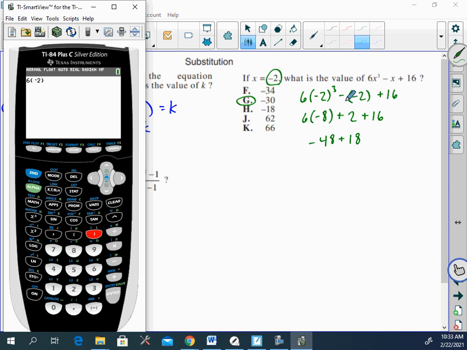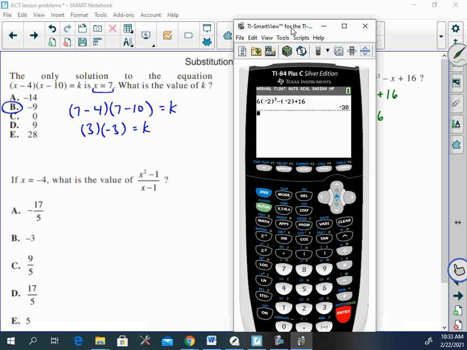And then it's cubed, so you can raise it up to the 3rd power. And it will end up doing all of this for you then. Then we're subtracting a parenthesis negative 2. And then don't forget to add that 16 on the back. It would be easy to forget. And we should get the exact same answer, negative 30 there.